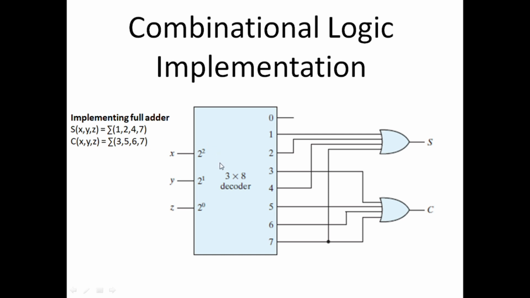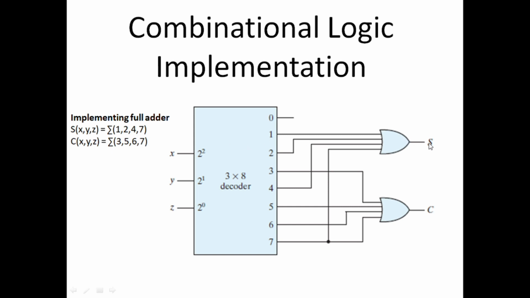As a decoder creates all possible minterms, it is easy to use an OR gate and just combine these outputs of the decoder, as sum is equal to the sum of these minterms. So just combine these minterms from the decoder output through an OR gate, and that is the result that would give us S. This is exactly done here.